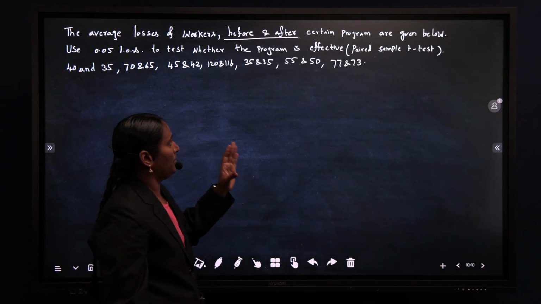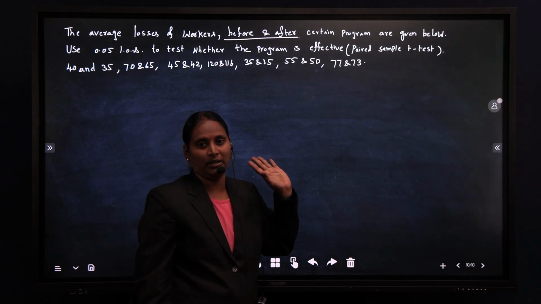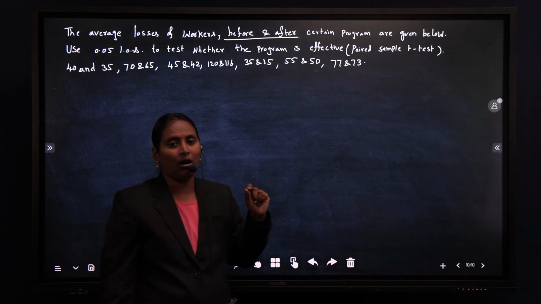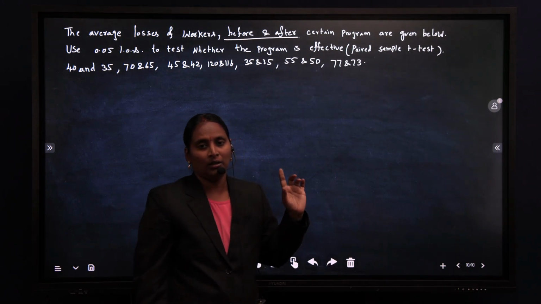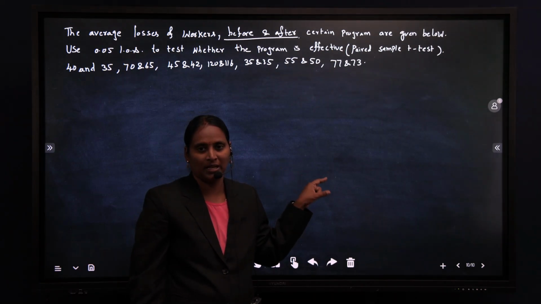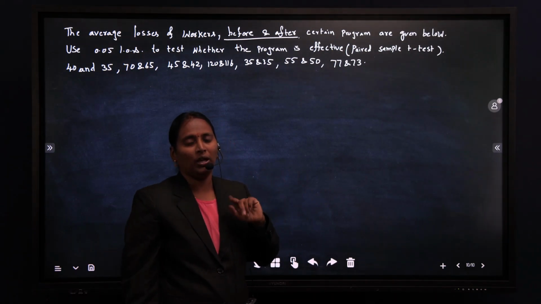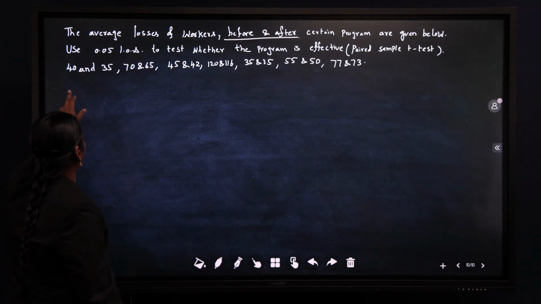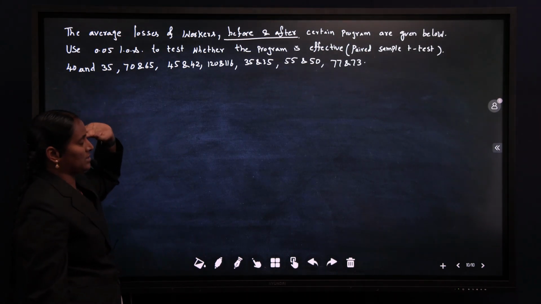The problem mentions a paired sample t-test. Even if they did not mention it, when we have before and after means and the sample size n is less than 30, we follow the paired sample test only. Now we have the observations, one set before and one set after.